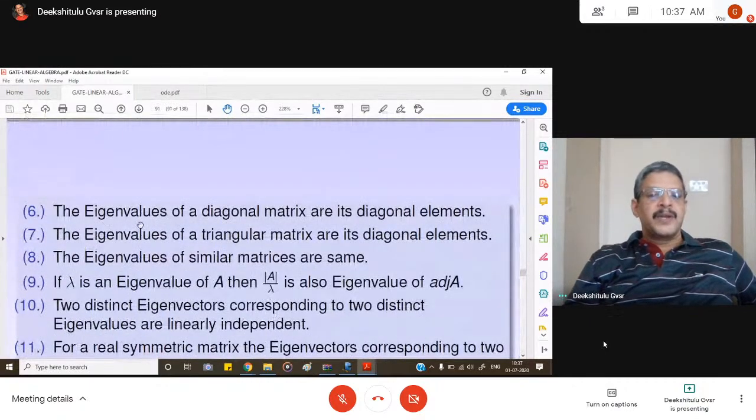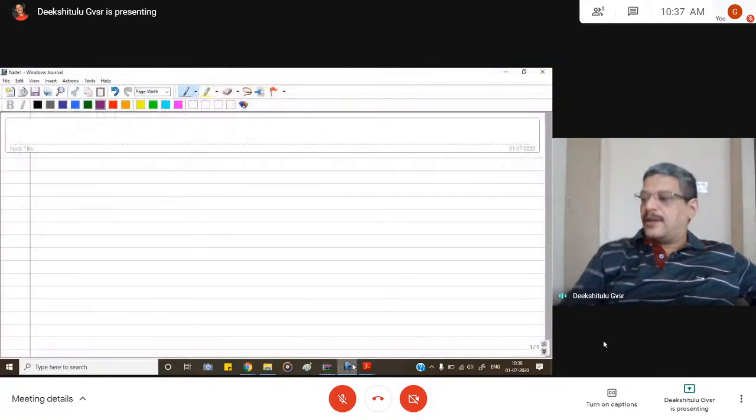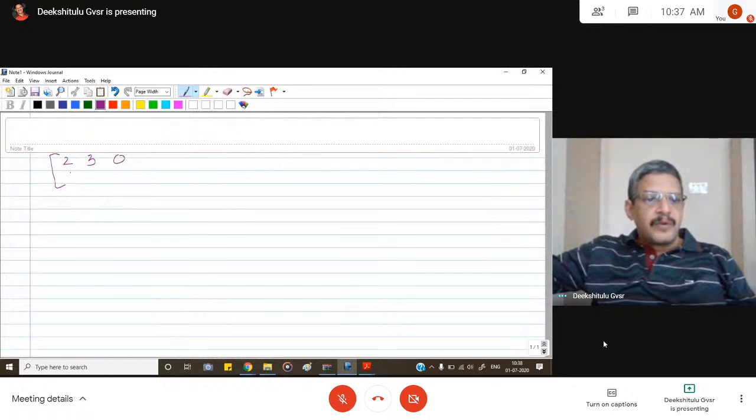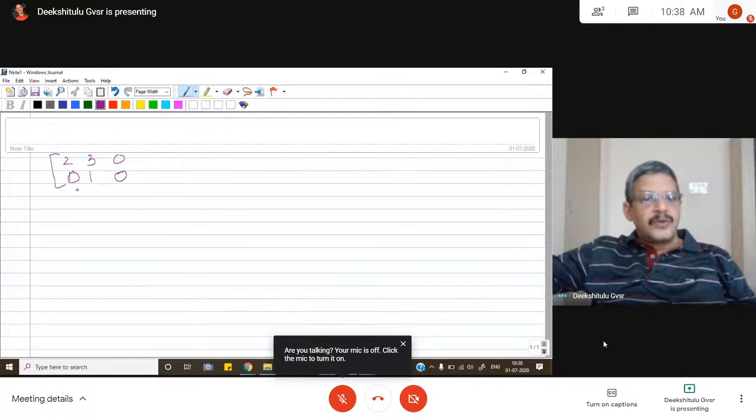The next one is eigenvalues of a diagonal matrix are its diagonal elements. Take it for granted, if a diagonal matrix is given, the eigenvalues are simply the diagonal elements. Say for example, I use a matrix 2, 3, 0, 0, 1, 0, 0, 0, 3.